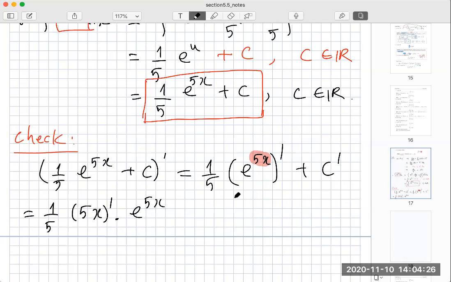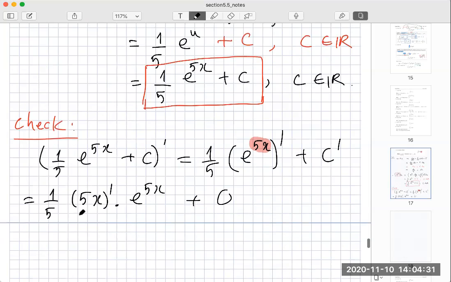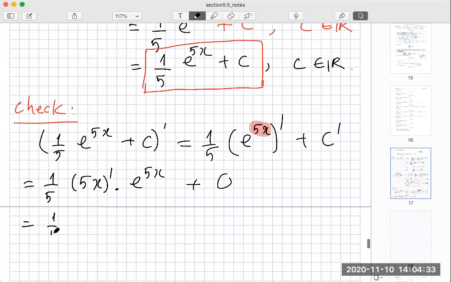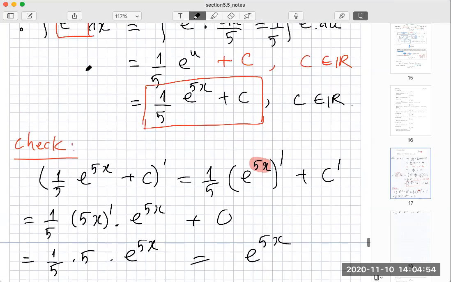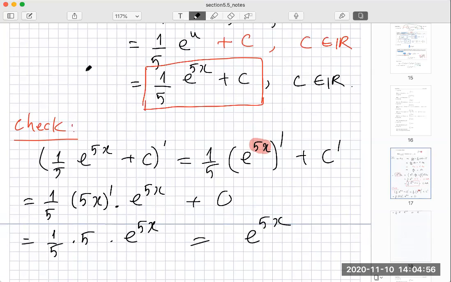And the derivative of a constant will give us 0. So now it is 1/5. The derivative of 5x gives us 5 e to the 5x. The 5 cancels with the 5 here. Therefore, it is e to the 5x. Okay, that's it. And it is exactly the integrand here. Then we are good. We're confident with our result. Okay?